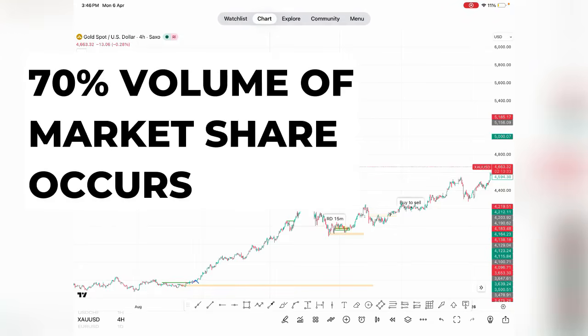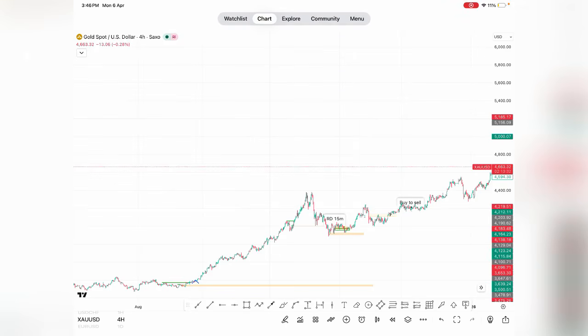Major pairs, as I earlier said, for examples, are the euro against US dollar, the Great Britain pounds against the United States dollar, and the US dollar against JPY.